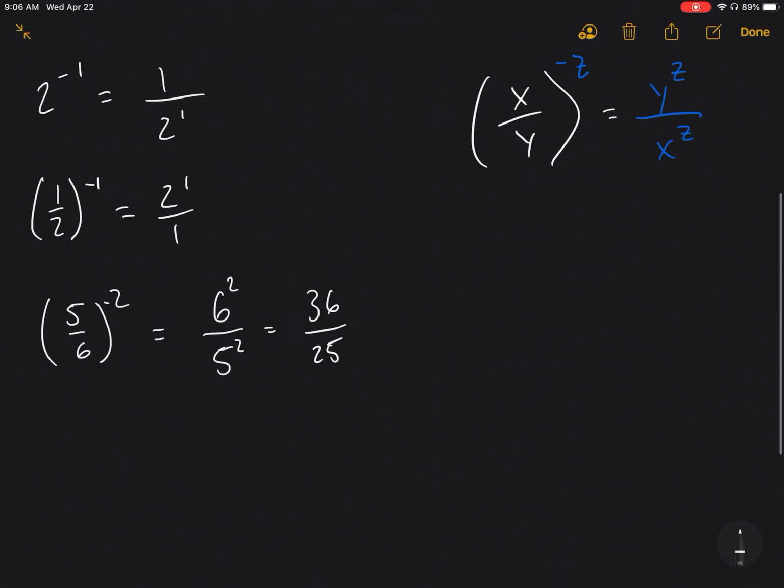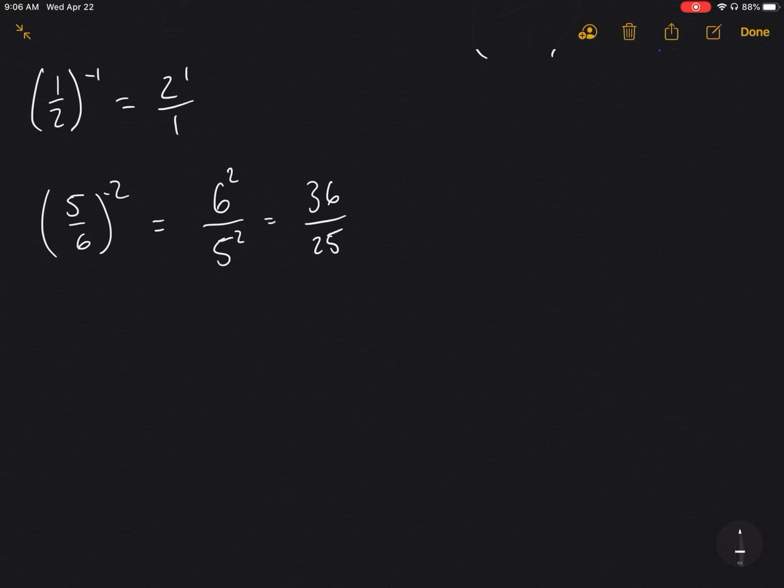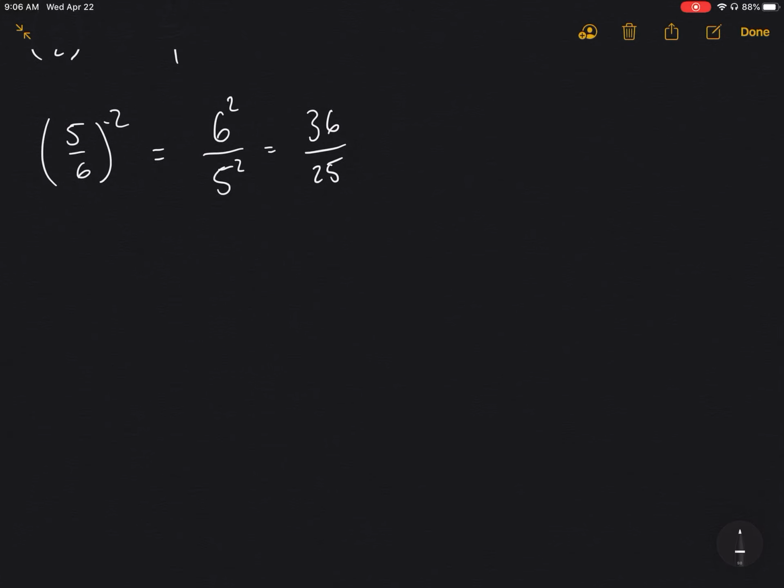Hopefully that's okay. Let's look at one more just to be thorough. If I took 1 over 8 to the negative 7th, then 1 goes to the denominator. 1 to the 7th is always just going to be 1, right?